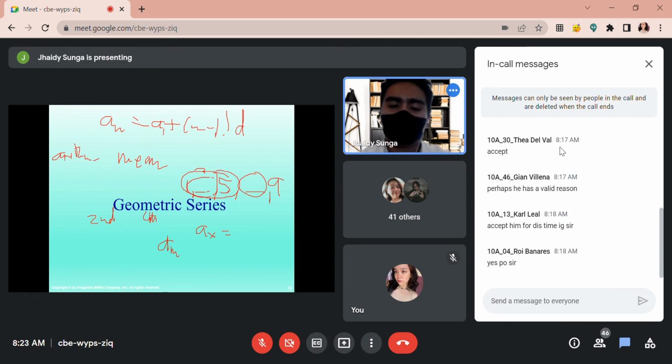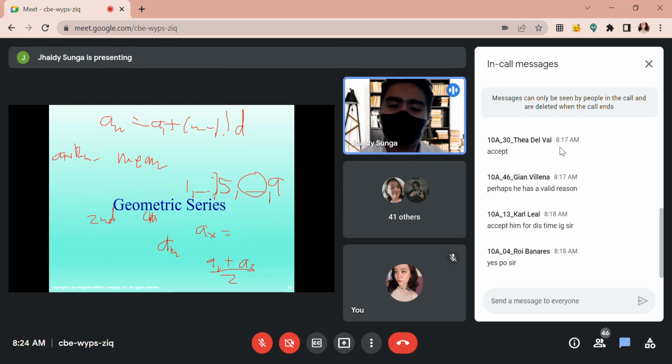So let us try to find two terms between this missing piece. The missing term would be between the first term and the third term. So let us have a sub 1 plus a sub 3, all over 2.